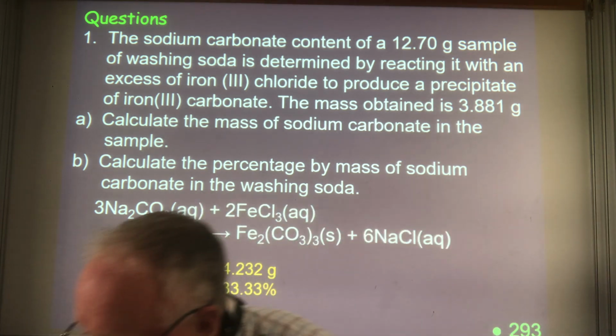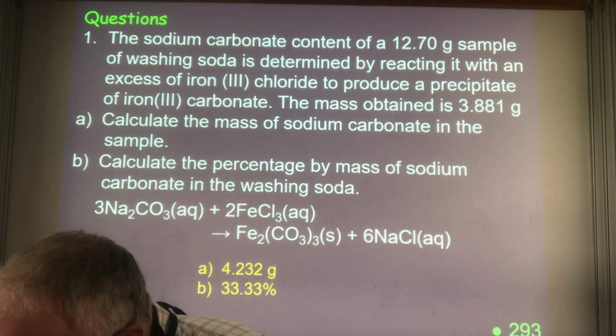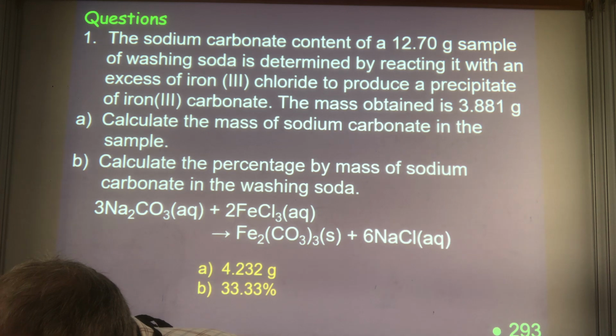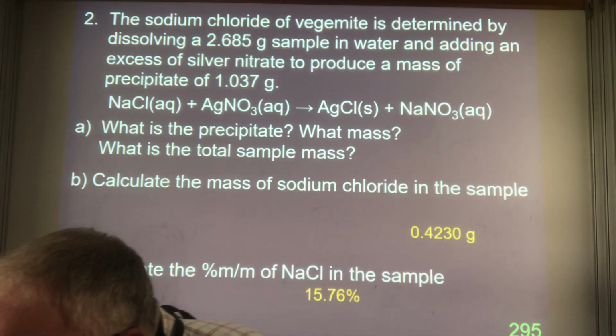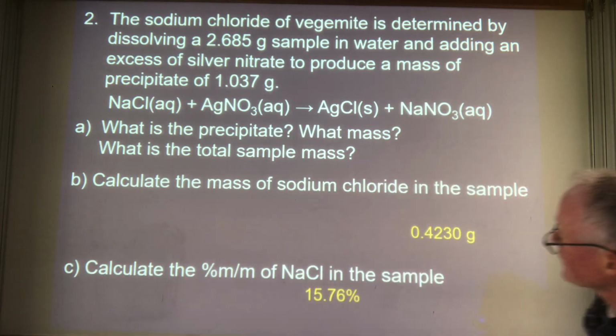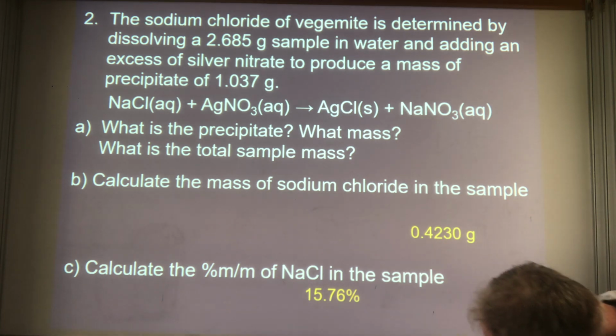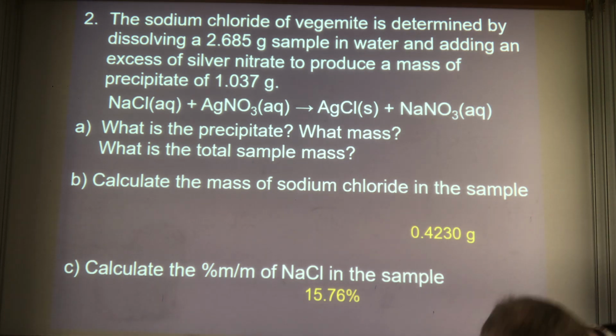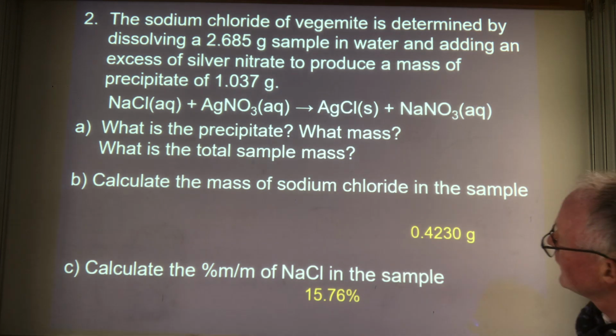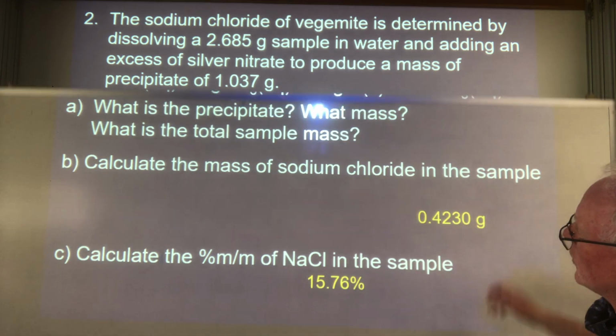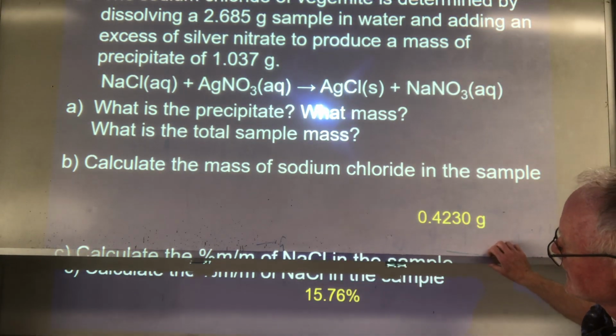I'll just introduce the second one in a similar way. So in this one, the mass of the precipitate that we're going to calculate the moles of is 1.037.